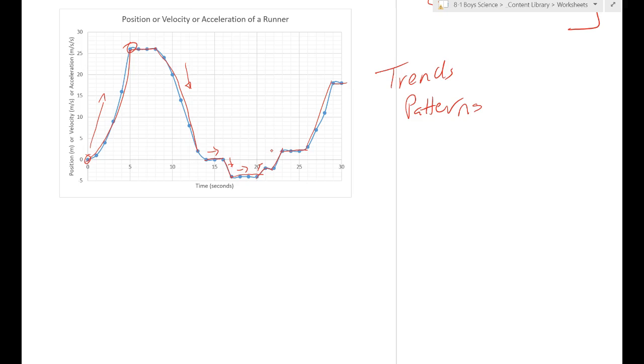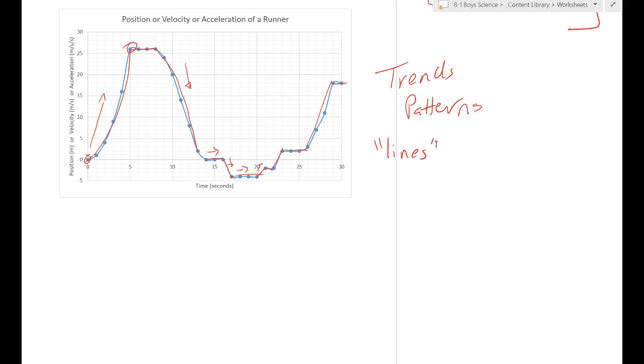You can still recognize what these lines are, and I'm putting that in quotation marks because they're curves, as life really gives us. You can still recognize these patterns that we've been talking about, and then you could still interpret when or what type of position, velocity, or acceleration is occurring within that curve.